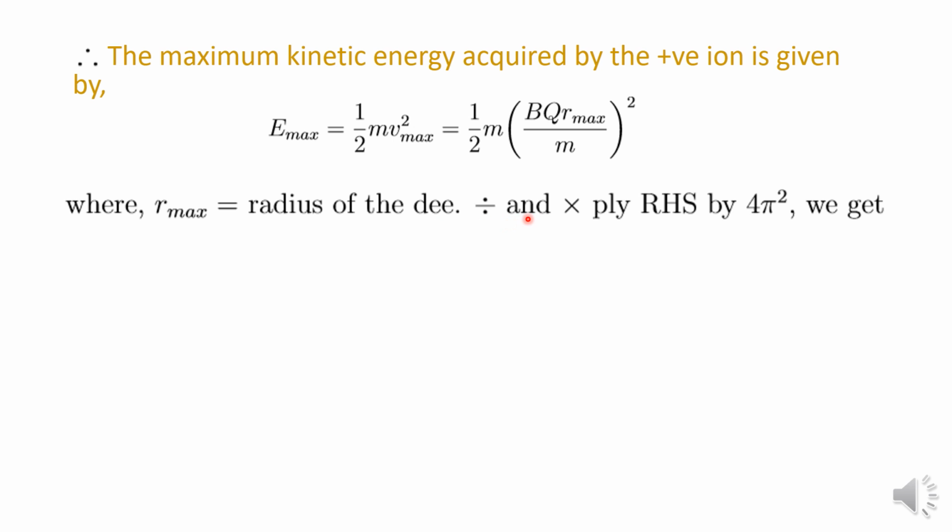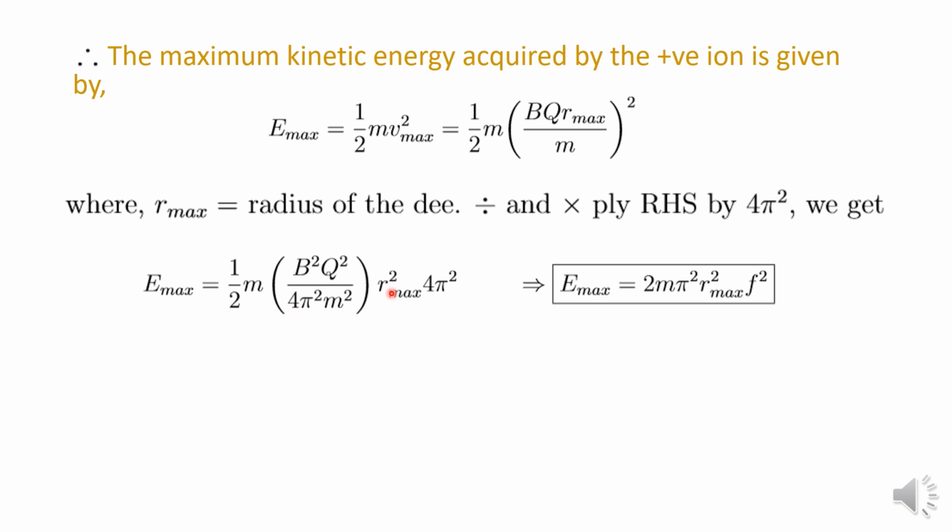Now you divide and multiply the above expression by 4 pi square. We are doing this in order to express the maximum kinetic energy in terms of frequency.